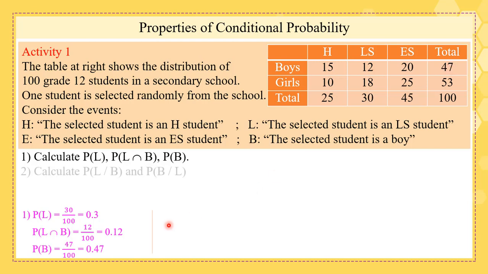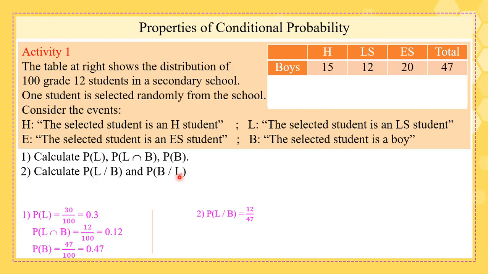Now let's continue. Calculate the probability of L given B and B given L. Well, for L given B, we have to respect B first. B means boys, so we come to the boys section, and from this section we find the probability of selecting an LS boy. So it will be 12 over 47.